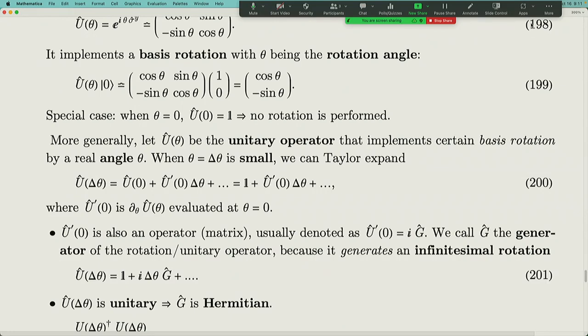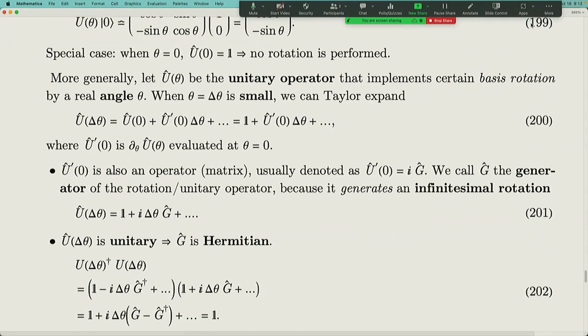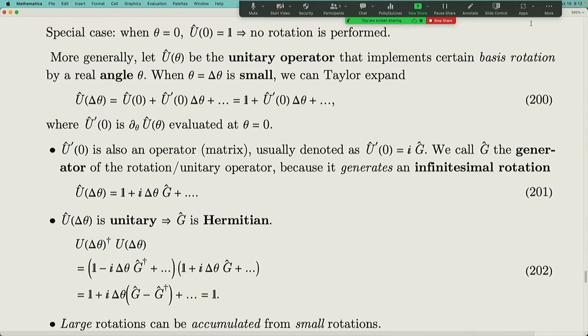But if you try to perform a small amount of rotation, then the operator will deviate from identity, and this U prime, the first order derivative, describes what kind of deviation will happen in this matrix when you tune theta away from 0 a little bit from the identity matrix. How much you deviate from the identity matrix, okay?